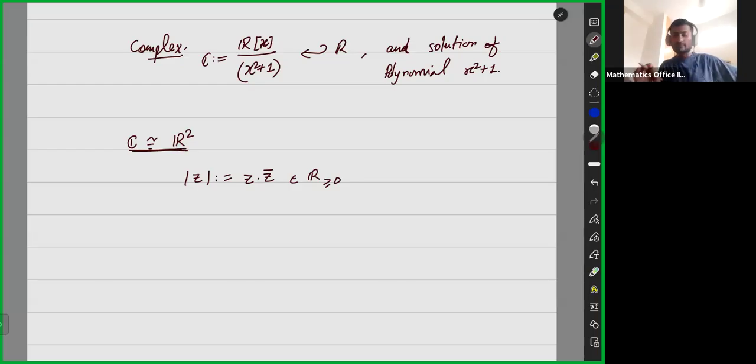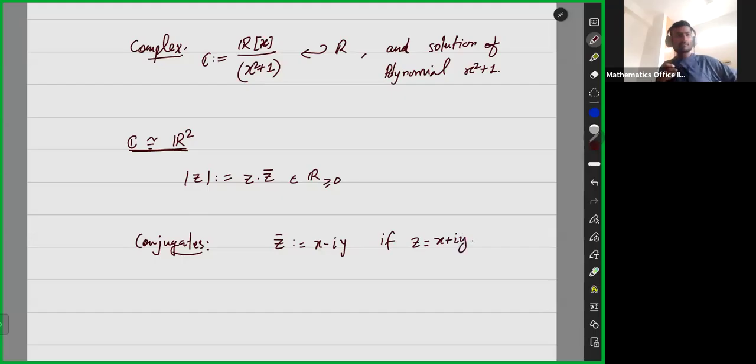So from here, the next step was we defined conjugates, right? Conjugates of numbers. Why do we say conjugate? z bar was defined like x minus iy, if z is equal to x plus iy.